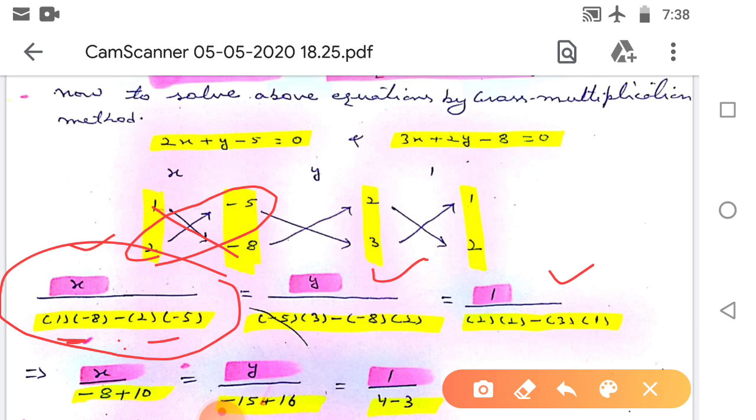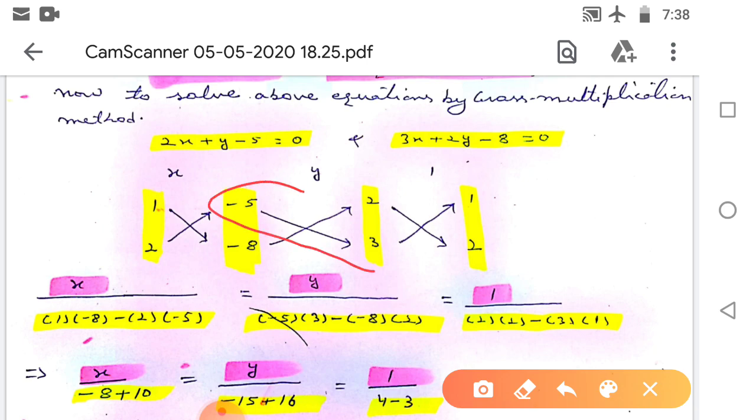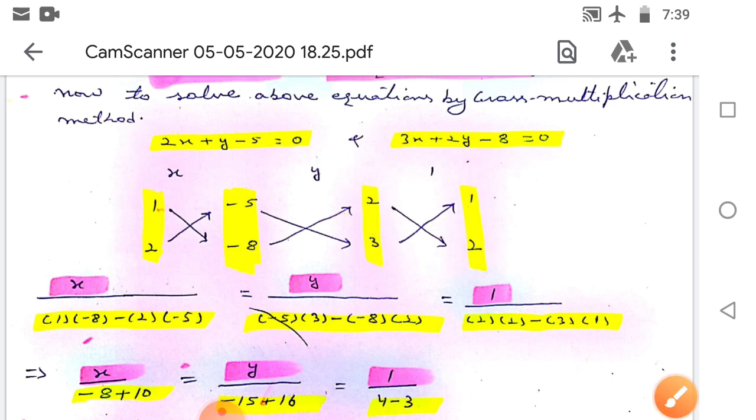Next step, y upon minus 5 into 3 minus 8 into 2. Okay, and 1 upon again 2 into 2 minus 3 into 1. Clear?